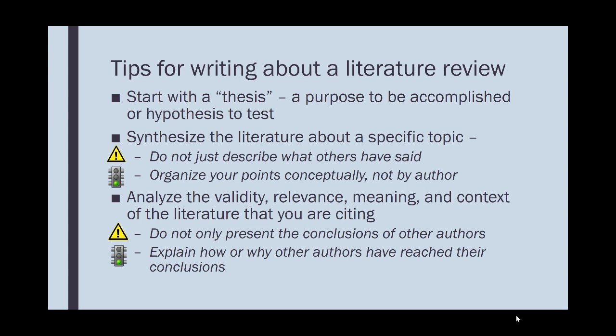So you'd say that there are three important aspects. X is one aspect, and then you cite author A and C. Y is another aspect, and then you cite A and B. And Z is the third aspect, and then you cite B and C. That's going to make your presentation stronger and easier to follow.